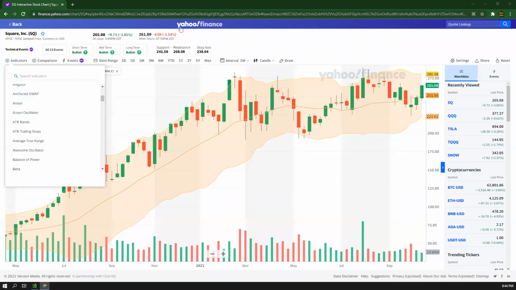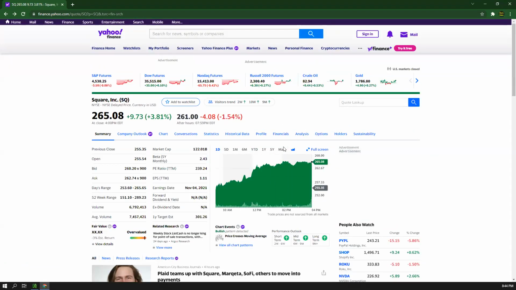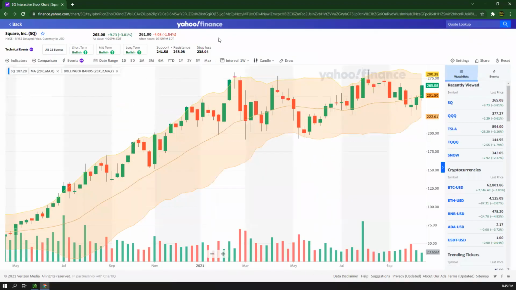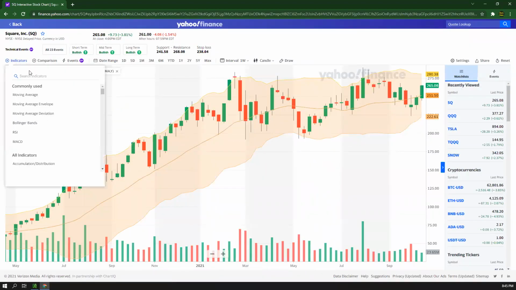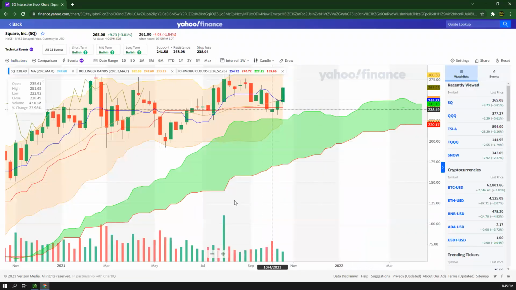So I was saying, when you go to Yahoo Finance and specify a symbol, when you go to full chart mode, it enables you to add a lot of indicators there, and there should be this indicator called Ichimoku Clouds, and a similar kind of setup there, and there is the cloud.